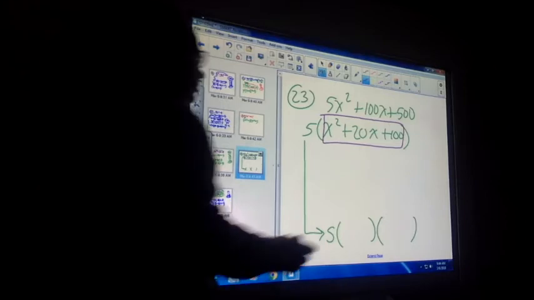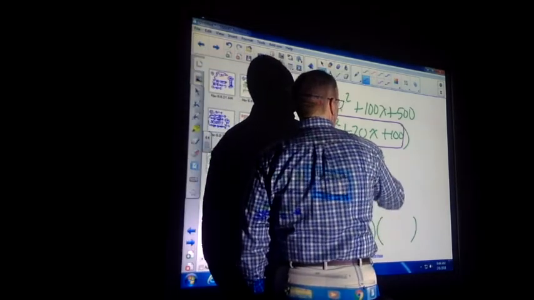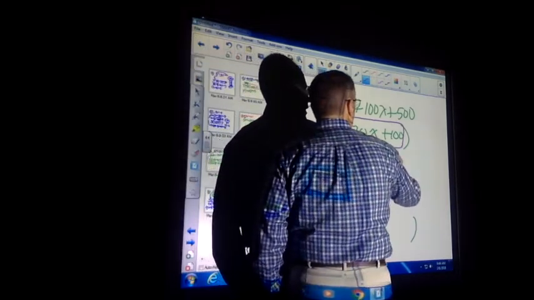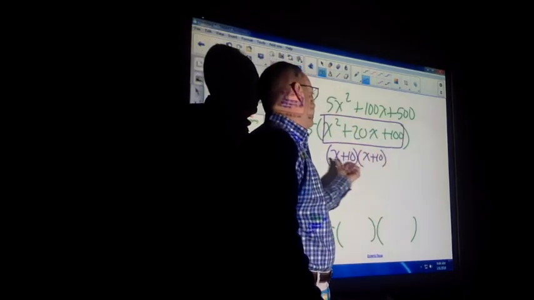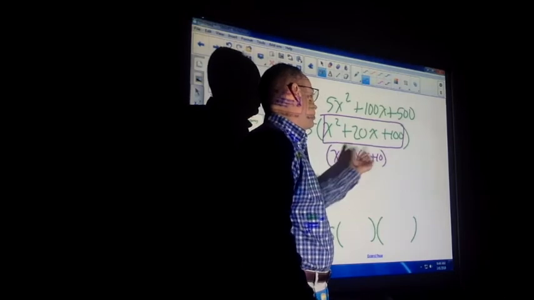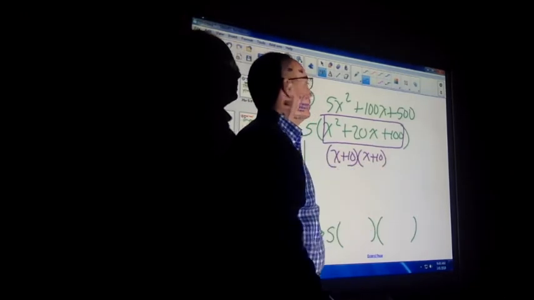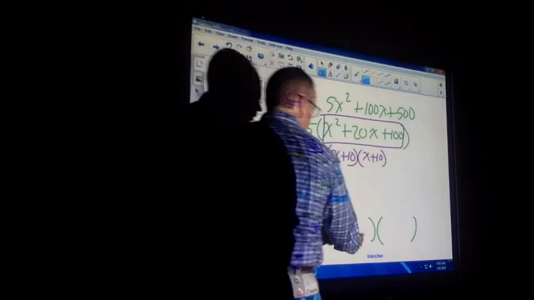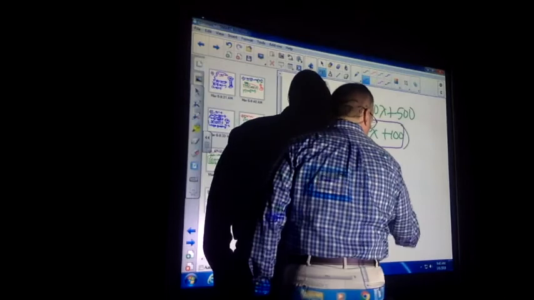So I think this is going to become x plus 10, x plus 10. But let's double check it. If I were to multiply this out, I know that the first and the last are going to give me the x squared and the 100. So 10x outside, 10x inside, 10x plus 10x is 20x. It definitely works. So don't forget your greatest common factor, because you hate to miss a point on something like that.